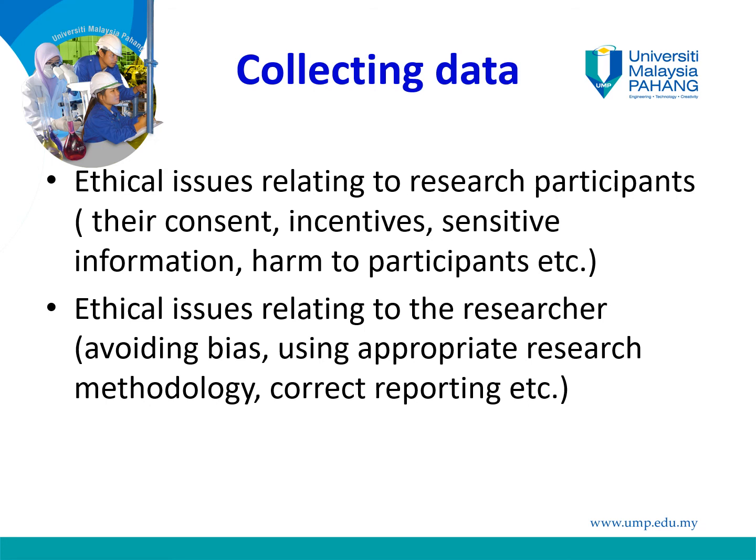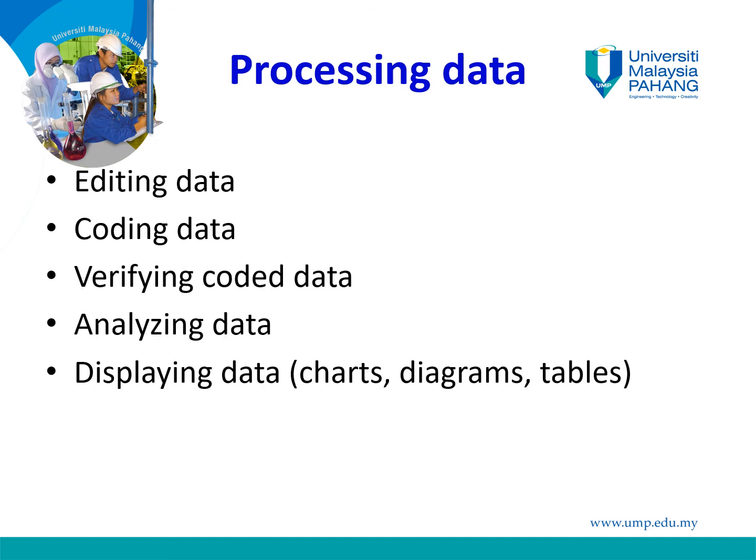This is the ethical issue relating to the research participant: we have to get their consent, decide what incentive we can give them, and handle sensitive information or harm to participants with non-disclosure of all the data and information. There are also ethical issues relating to the researcher, like avoiding bias, using appropriate research methodology, and correct reporting, etc.